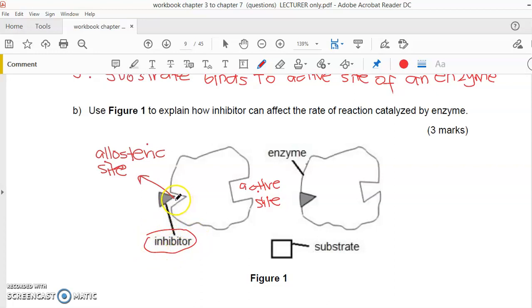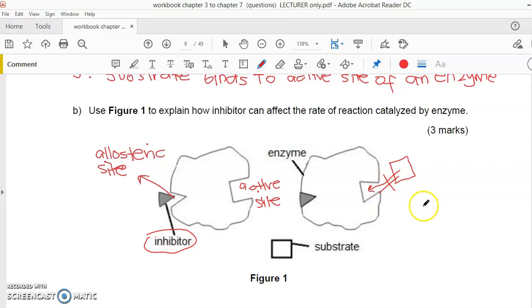What effect can we see? You can see now the active site of this enzyme changes shape. So as this active site changes shape, substrates that have a shape like this, a square one, are unable to fit into or bind to the active site.